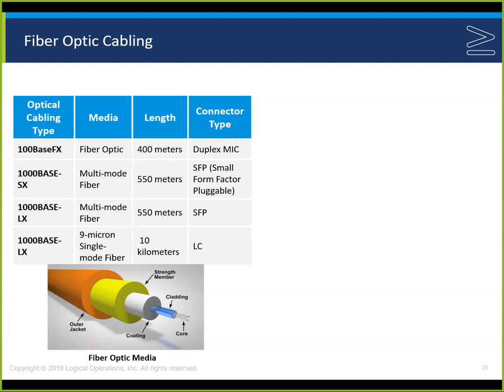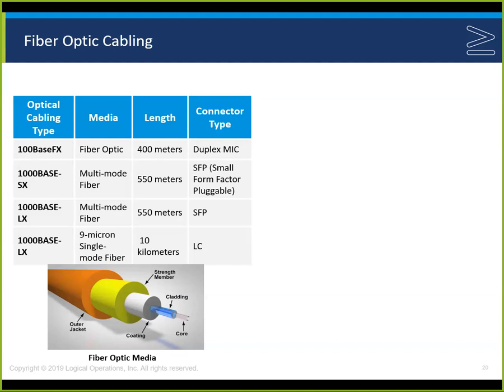In the fiber world, these are some of the things that we have here. The duplex mix for these things, SFP, the small form factor pluggable. And I think we got some images here to show these things. The multi-mode fiber and single mode fiber. The difference is single mode fiber is going to have a much smaller core, a 9 micron core.